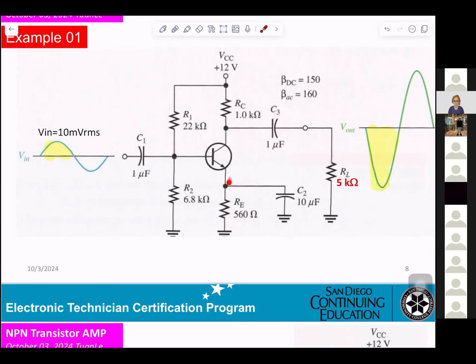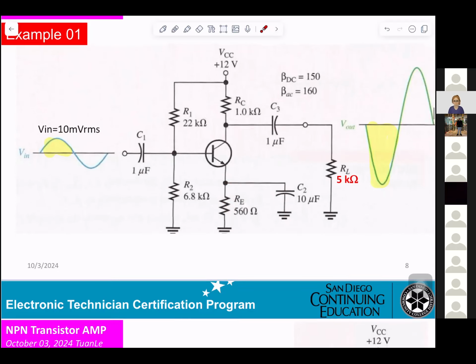If you measure at this meter here, you can get a DC voltage, however not AC. AC already goes to the route. And with the bypass capacitor, the gain of the amplifier will be higher.